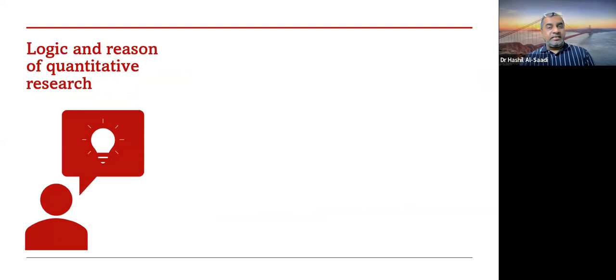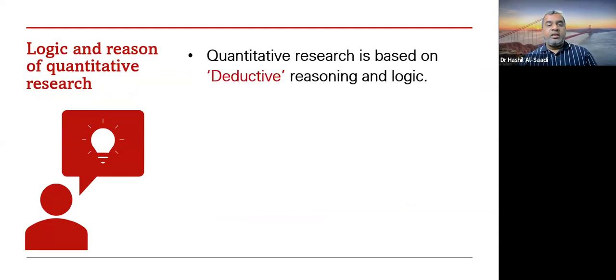Okay, let's look at this again. It's very important, the logic and the reasoning of quantitative research, because this will be different compared to qualitative research. In quantitative research, we use something called deduction. So it follows deductive reasoning and logic. And what does this mean?